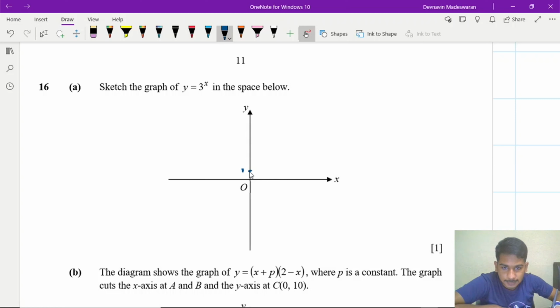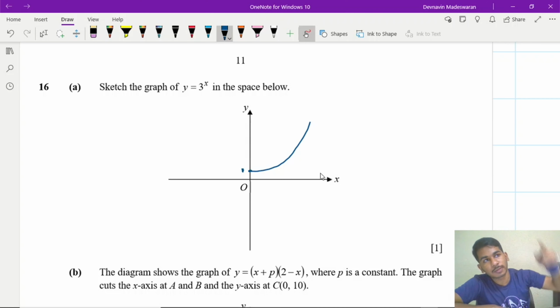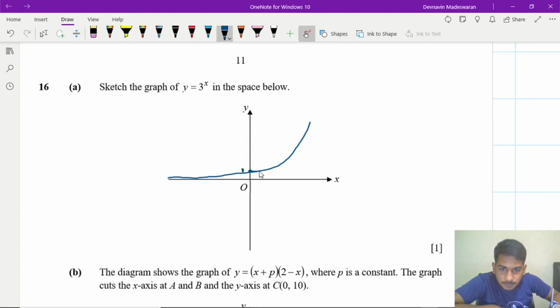So it's going to be like this. But when it goes down, x to the negative powers, it's going to be 1/3, 1/9. It's going to get smaller and smaller forever. You'll never touch 0. It won't go up, it will continuously go down.